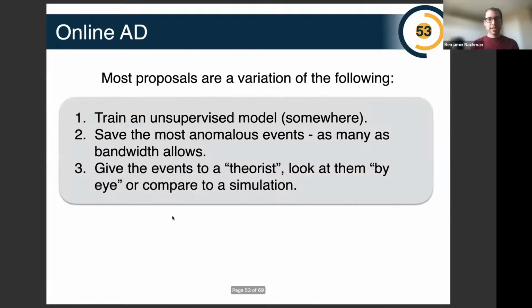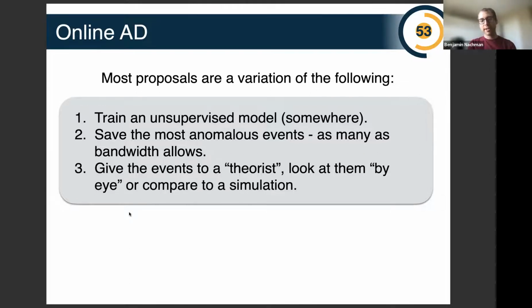Okay. So most proposals for online anomaly detection, and there have been a few, are a variation of the following. So first is train some unsupervised model, which could be an autoencoder or similar. And I put the word somewhere in parentheses because it's not totally clear where you would train that model. It could be trained on simulation.